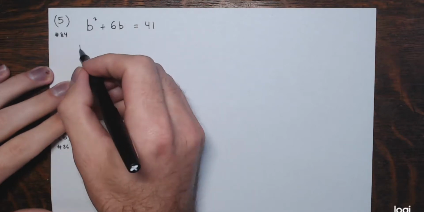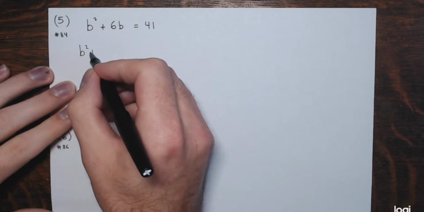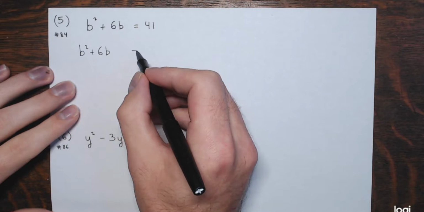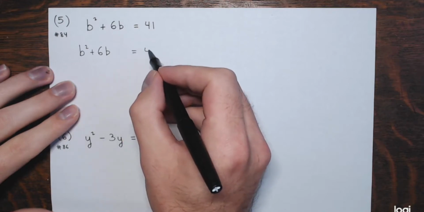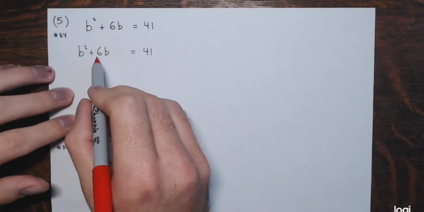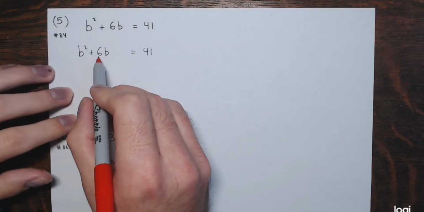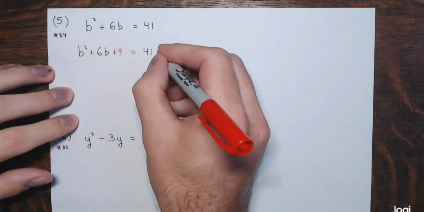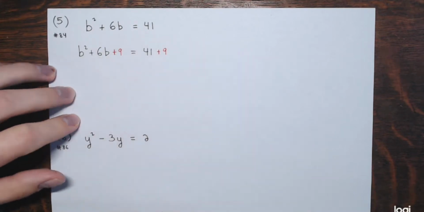So I can complete the square right now. So b squared plus 6b, I'm going to leave a little space, equals 41. Half of 6 is 3. 3 squared is 9. So I'm adding 9 to both sides.